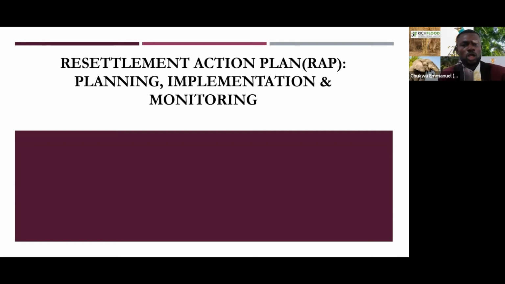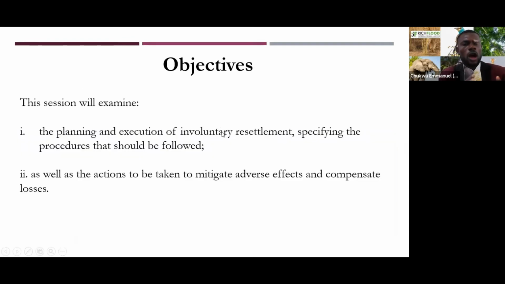The planning and execution of involuntary resettlement, specifying the procedures that should be followed. Now, every planning and execution process that is supposed to be put in place for people that are to be involuntarily resettled needs to be specified, and these procedures need to be followed in accordance with this document, as well as the actions to be taken to mitigate adverse effects and compensate losses.